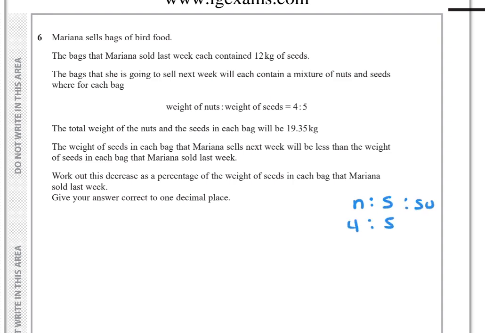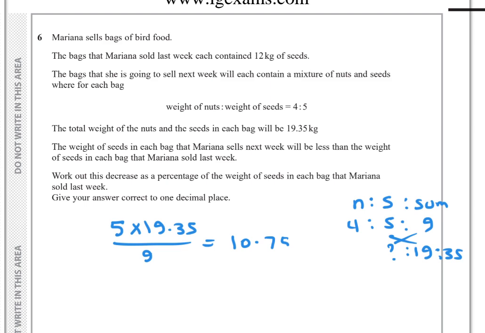The sum 4 plus 5 is 9, and we have the sum 19.35. So we can find the seeds in each bag. So 5 times 19.35 divided by 9 equals 10.75 kg.